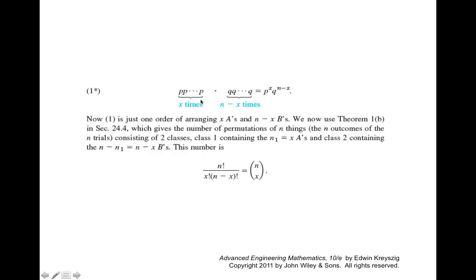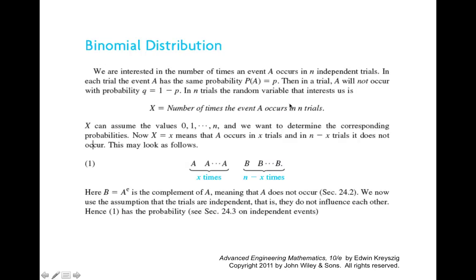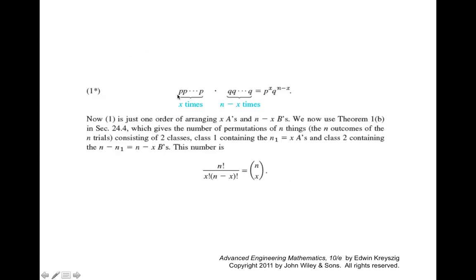So if we then want to calculate this, we have x multiplied probabilities that A will occur, and n minus x that A will not occur. And so let's go back and get the terminology. Basically, we want the probability that we will have x occurrences of A and n minus x occurrences of B. So that's what we're actually modeling with this equation.